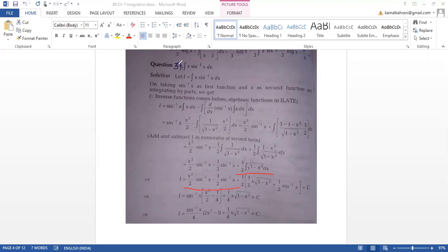This we have solved. Now we are having half into integration of under root of 1 minus x square. This can be of the form a square minus x square.